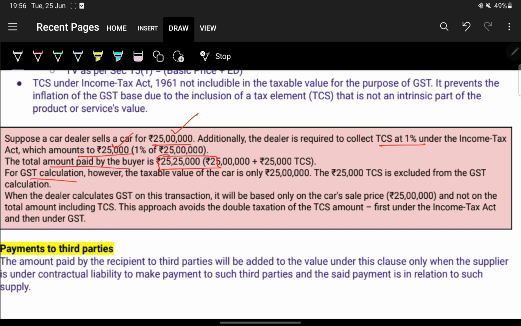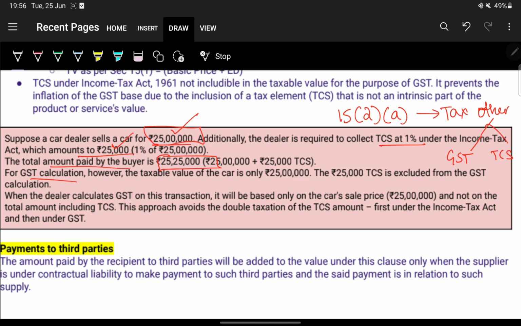Now for GST calculation, obviously as per section 15 subsection 2 clause A, we should take any tax other than 2 taxes, which is GST and the other one is TCS as per Income Tax Act. So here we should take only 25 lakhs for the purpose of calculating GST.